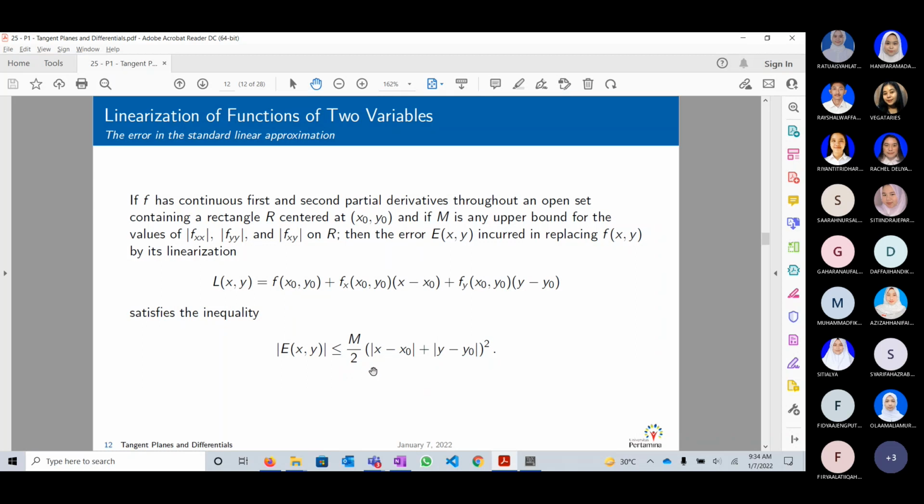Jadi kalau kita mau mengestimasi kira-kira errornya seberapa, maka kita perlu mencari turunan keduanya semuanya ya. Terus dari turunan kedua itu kita cari nilai yang terbesar. Errornya kemudian tinggal tulis seperti ini dari formula ini ya. For this one the example will be given in the exercise.